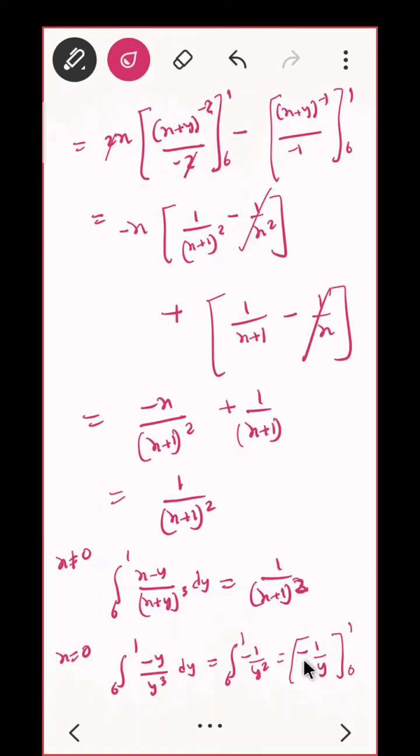Can you see that? At 0 this does not exist, so this is actually an improper integral. You cannot do it directly. So how to solve an improper integral?